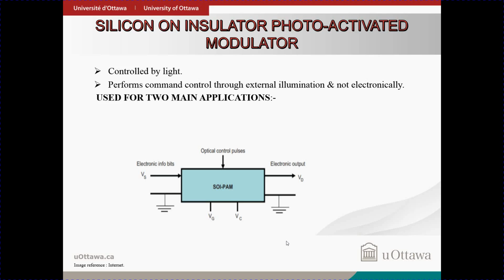It is used for two main applications. One is the electrophotonic processing chip, where the photonic command control is used in optical processing modules. The second application is as a photodetector, where the photonic information signals are detected and multiplied by other electronic signals that are passing through the modulator.